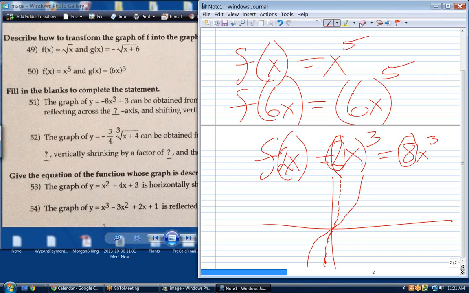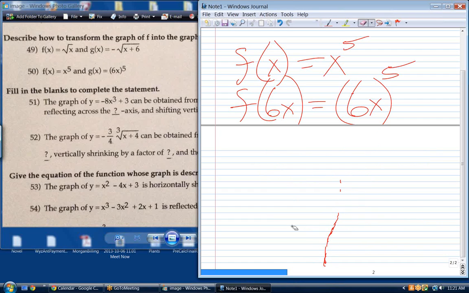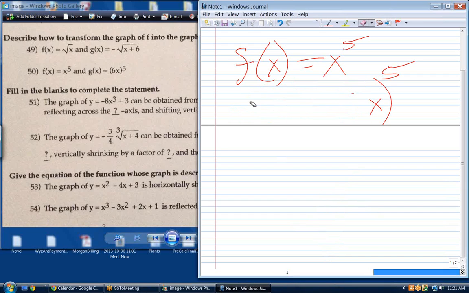Okay? So that's vertical stretches and shrinks as opposed to vertical shifts and horizontal shifts. So when I say what is 6x to the fifth, well, that's the same as f of 6x.